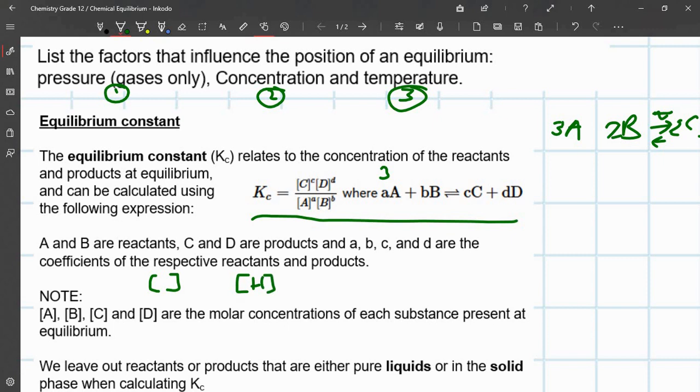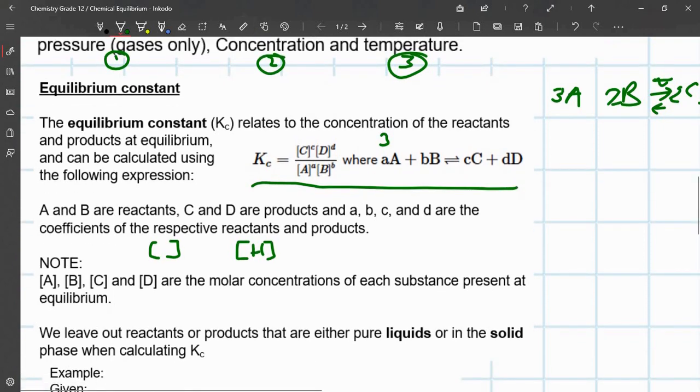And then obviously the exponents will be the coefficients. And one other thing that you really have to remember is that in this case we're going to leave out liquids and solids and only focus on our gases. That's the important thing in this type of question. So we're going to do one quick, easy example of this, and then we'll do a much more difficult one afterwards. Okay.